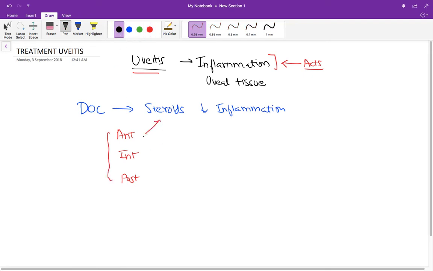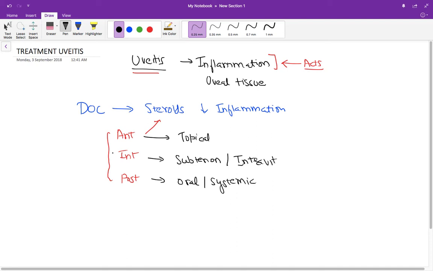But for the anterior uveitis, I would prefer topical steroids, for the intermediate uveitis, I would prefer the subtenon steroid or the intravitreal steroids, and for the posterior uveitis I would prefer the oral or systemic steroids, because the penetration of topical steroids would be less in the vitreous cavity.